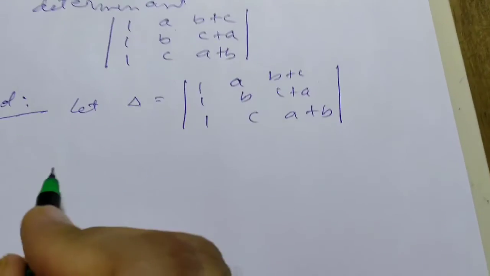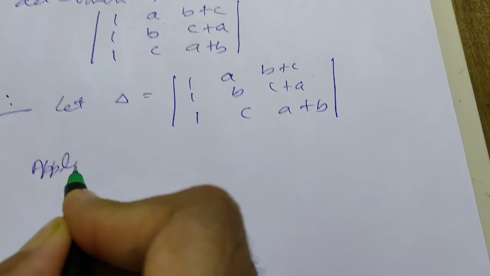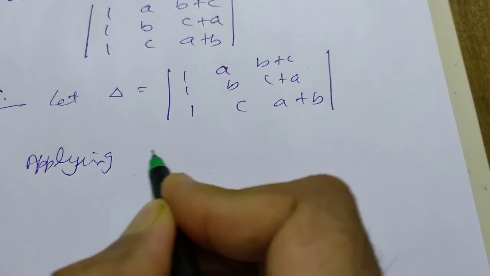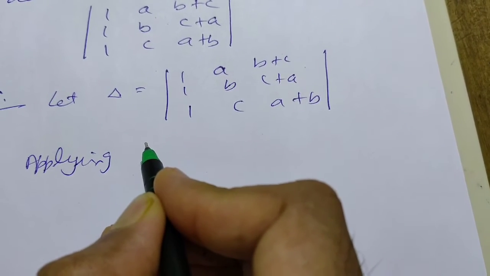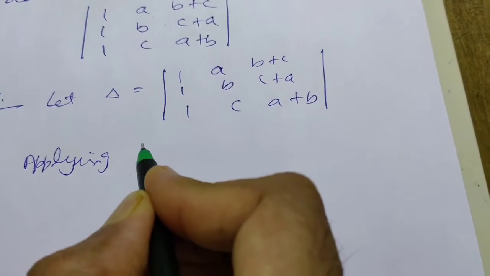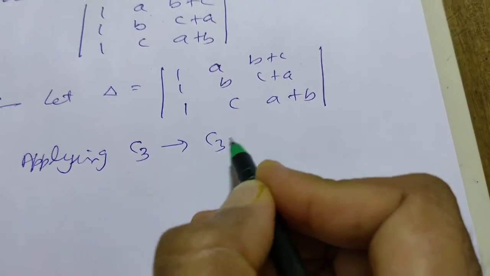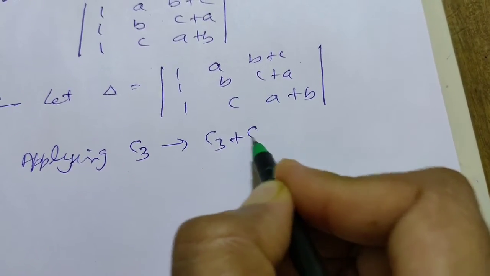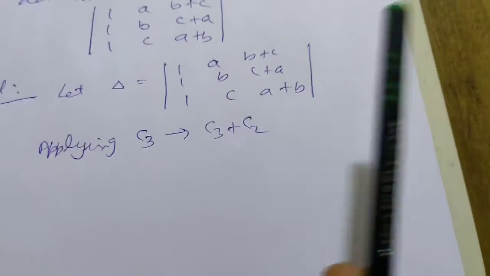So let's do this one. Applying C3 becomes C3 plus C2. We can add in C2, or we can add this in C3. Suppose I add in C3. You can get the same result also by adding C3 in C2.